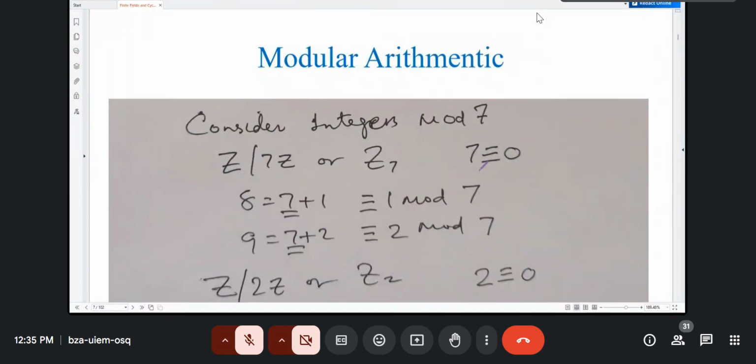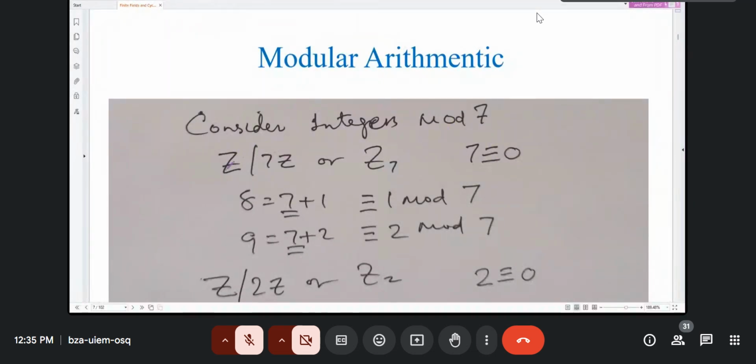Not only a finite set, but a set that meets certain axioms. Later we are going to see what axioms a finite field must meet.